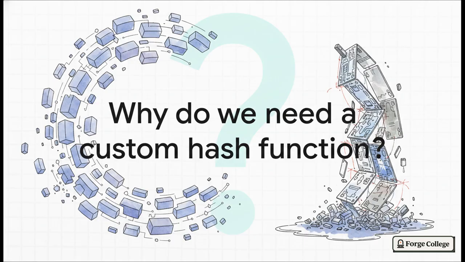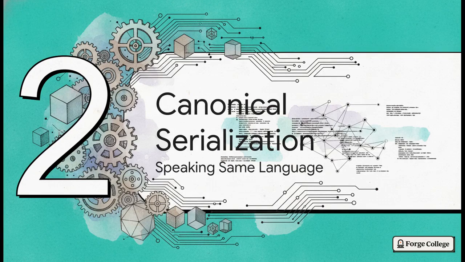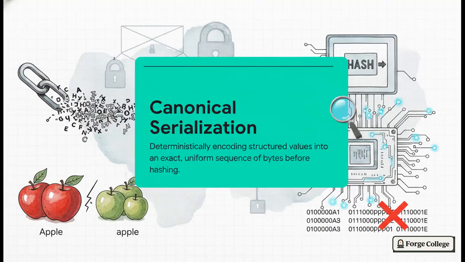We need precision. Which brings us to part 2, rules of canonical serialization, speaking the exact same language. Before we can securely hash anything, our data has got to be perfectly organized. So what is canonical serialization? It's the process of deterministically encoding structured values into an exact, uniform sequence of bytes before hashing.